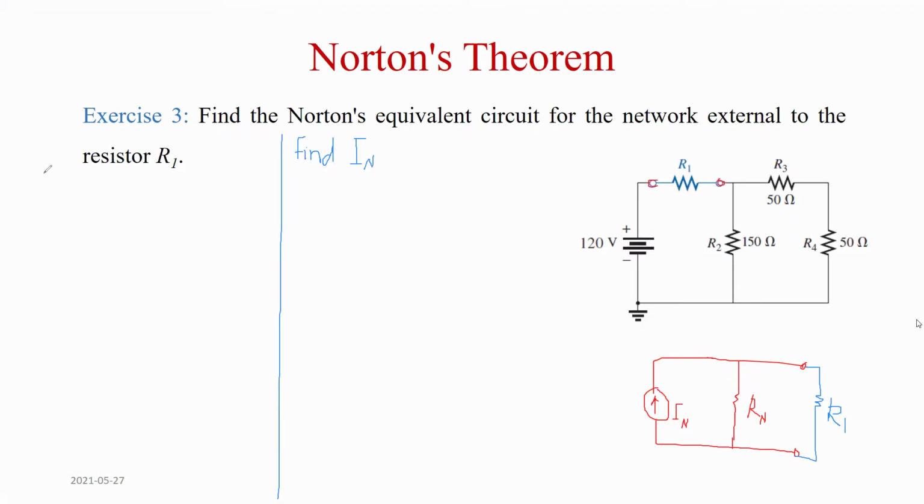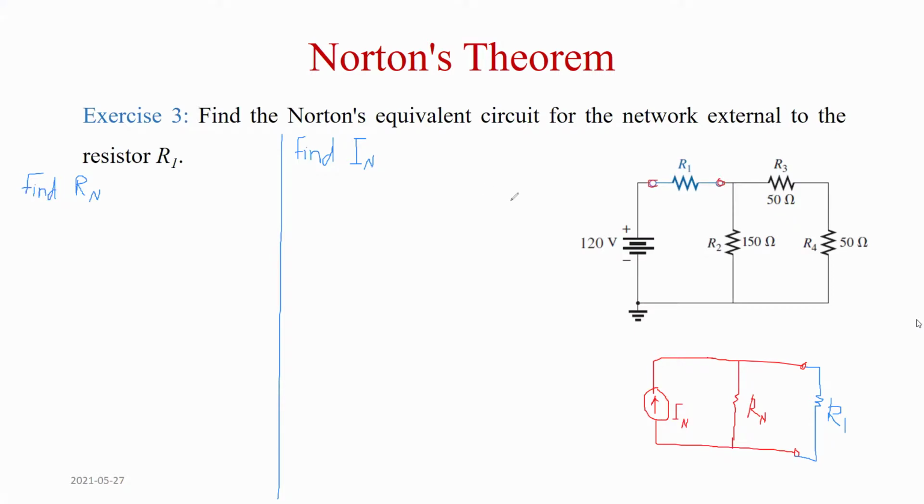These are the 2 things that we have to find for the equivalent circuit at the end. Now there is a circuit for Rn. There is a circuit for In. In is a short circuit current. It means it's a short circuit between the terminals.